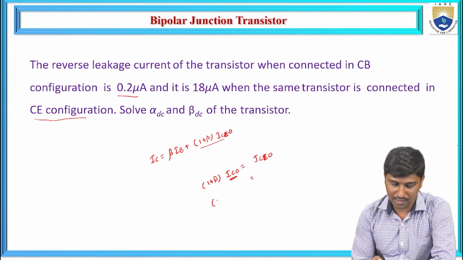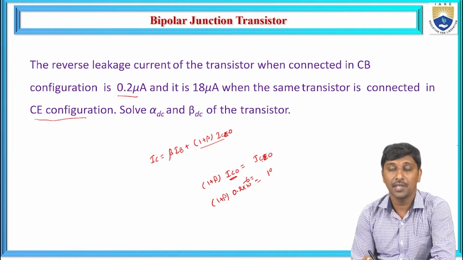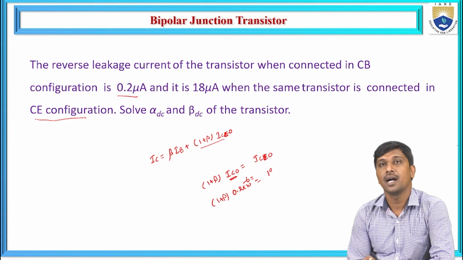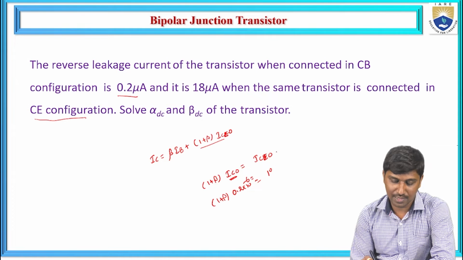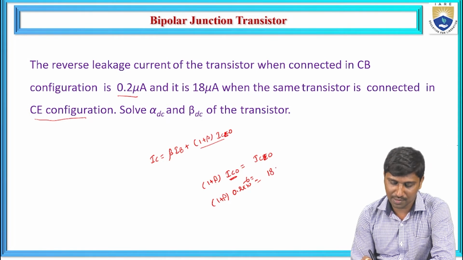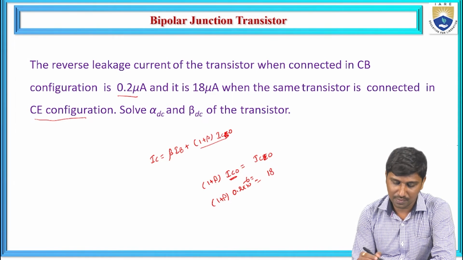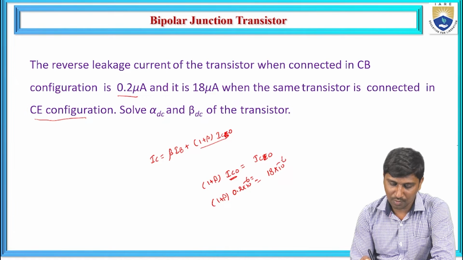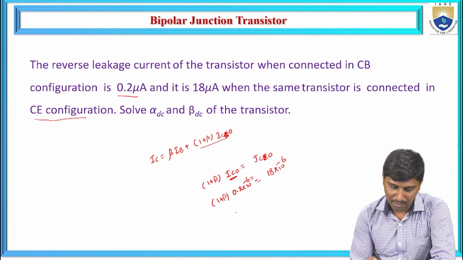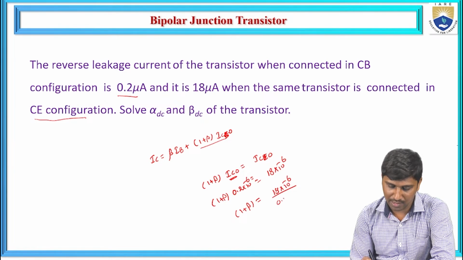So that is 1 plus beta times 0.2 into 10 to the power of minus 6, that is equal to ICEO, the reverse saturation current in the common emitter configuration, which is 18 microamperes, that is 18 into 10 to the power of minus 6. Now you can calculate: 1 plus beta is equal to 18 into 10 to the power of minus 6 by 0.2 into 10 to the power of minus 6.